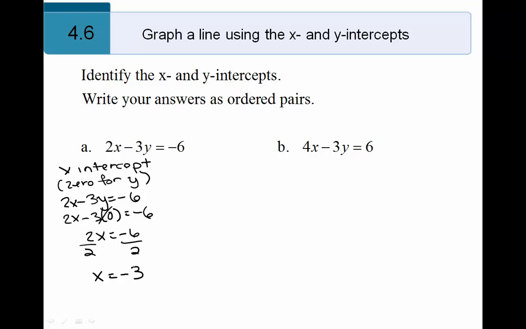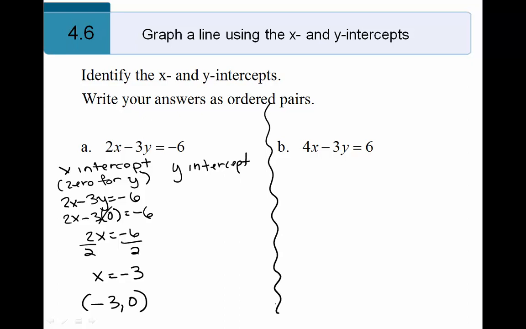So your x-intercept is the ordered pair negative 3, 0. Now we'll find my y-intercept. I'm just going to draw a line here so that we have room to do B. I'm going to plug 0 for x. So my equation is 2x minus 3y equals negative 6.